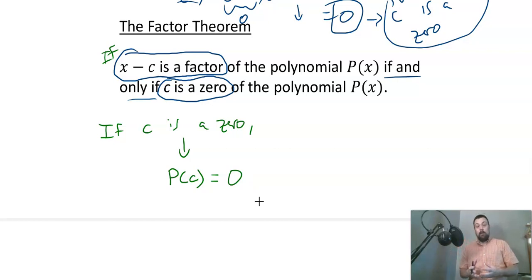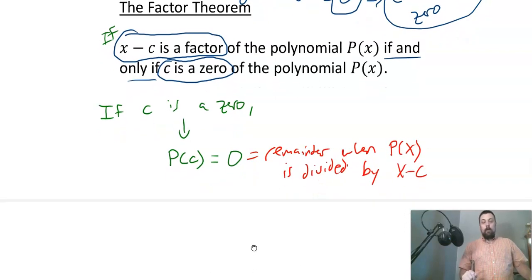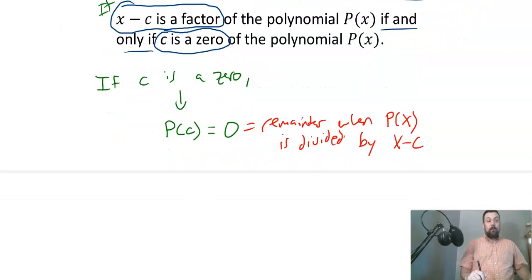If c is a 0, it's a number that when I plug it in makes the polynomial equal 0. But we just learned in the remainder theorem that this would be the remainder when the polynomial p of x is divided by x minus c.